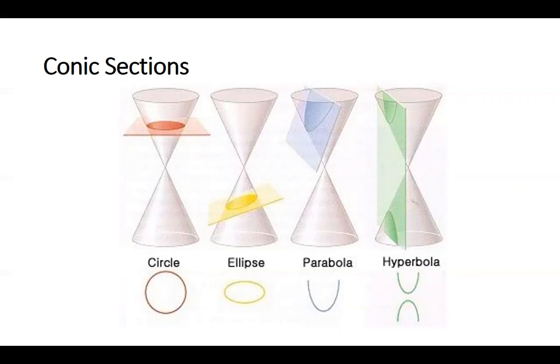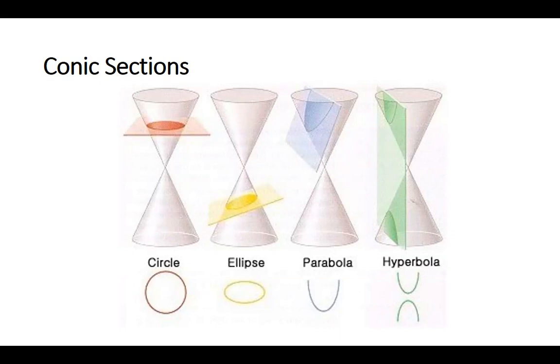Now, you could say there's an additional thing that we use that's not a conic section. If you were to take a plane and cut it through the vertex, perpendicular to the axis of symmetry, that would give you a point, which is very similar to the circle.